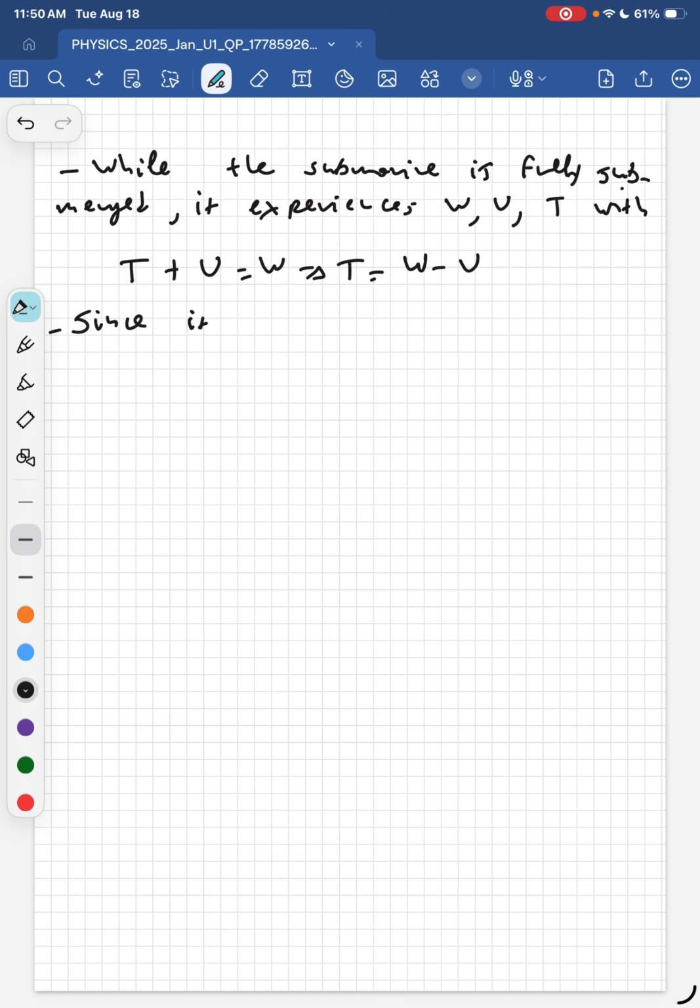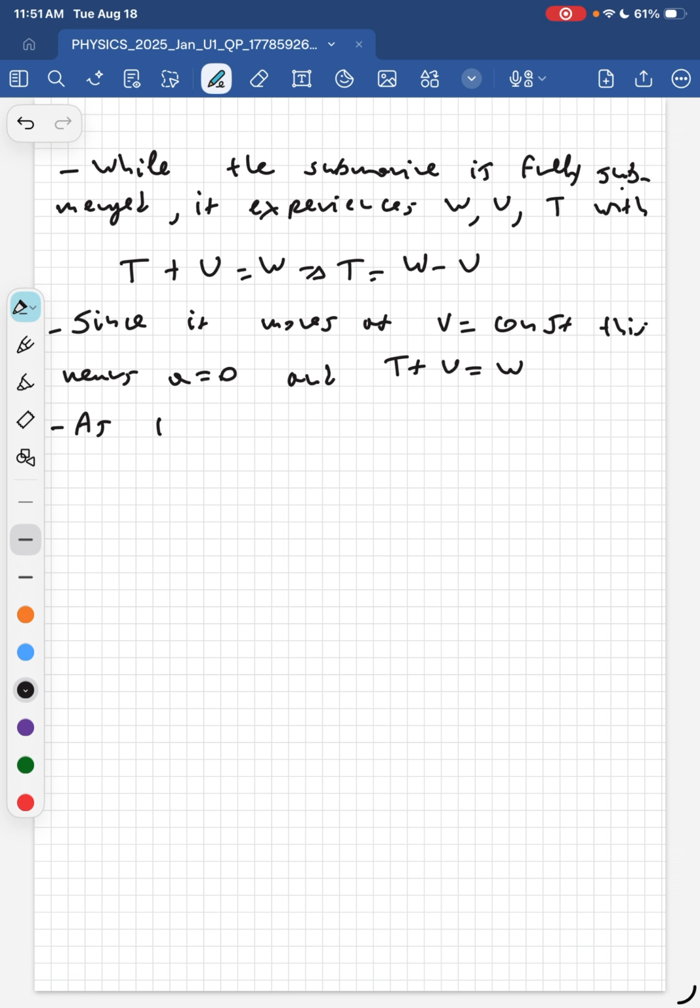Since it moves at v equal to constant, this means a is 0 and T plus U is equal to the weight, which is what we just wrote. So as the submarine starts to leave the water, less of it is submerged.